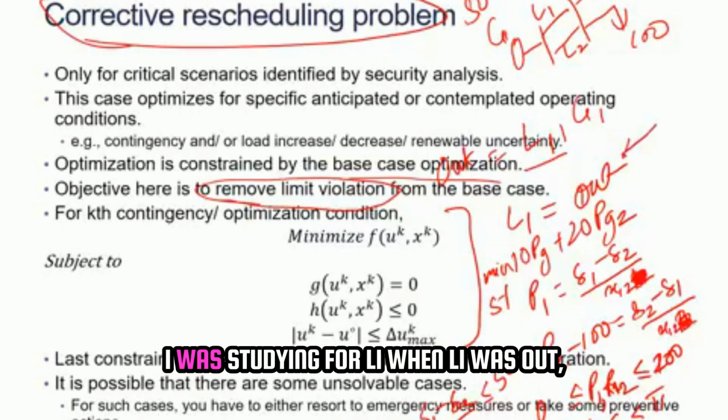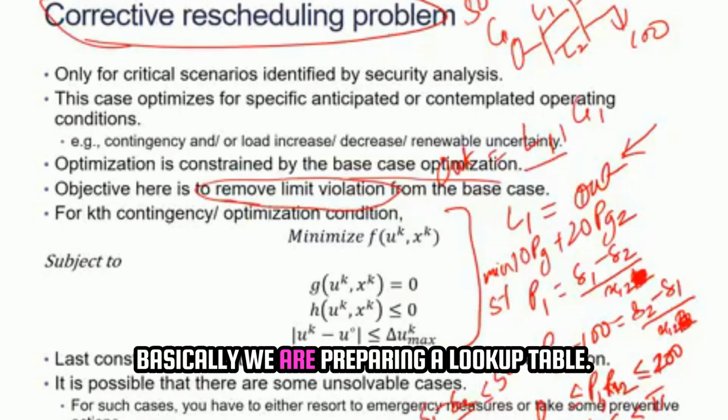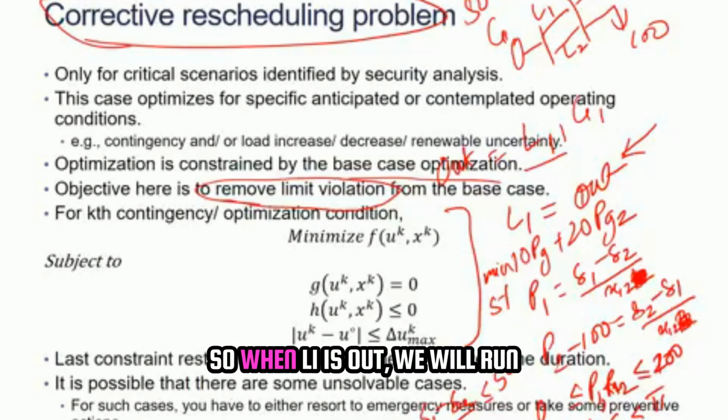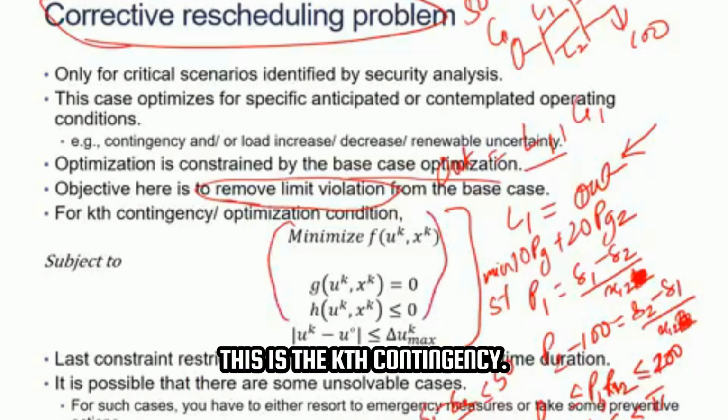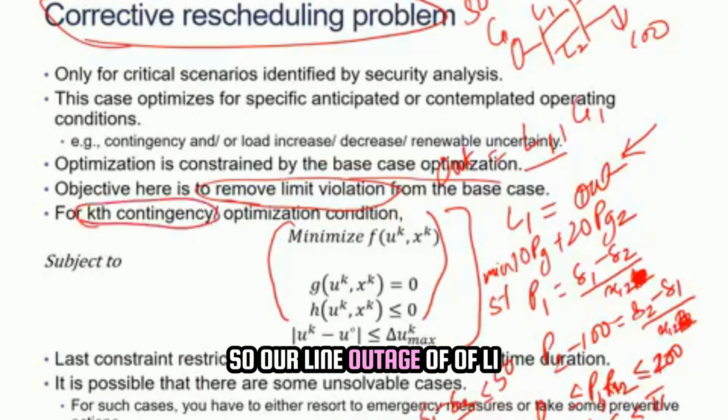So let's assume I was studying L1 when L1 was out, because corrective rescheduling is basically preparing a lookup table. So when L1 is out, we will run the same optimization problem, and this equation is fine, this is the kth contingency. So our line outage of L1 is actually the kth contingency.